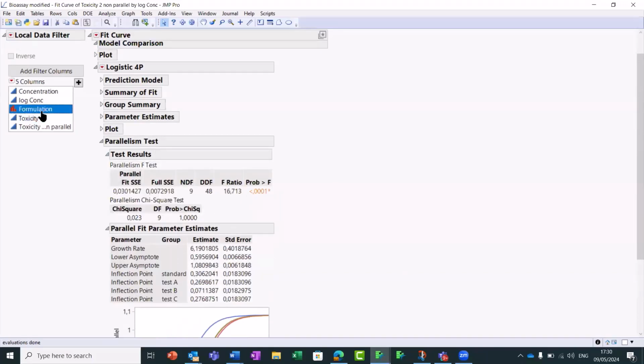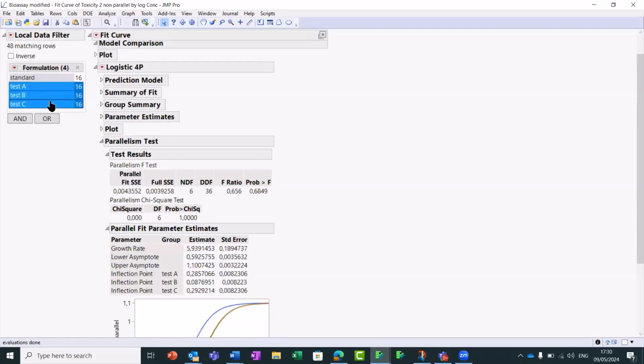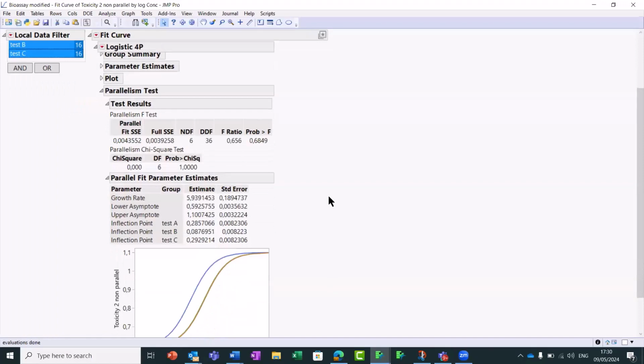And I will use the different formulation in my filter, right? Now I could say, well, I know that the standard does not behave the same, but what about the A, B, and C tests? So I could use only the A, B, and C tests. And now we can see that the p-value is again not significant, meaning that A, B, and C are parallel.